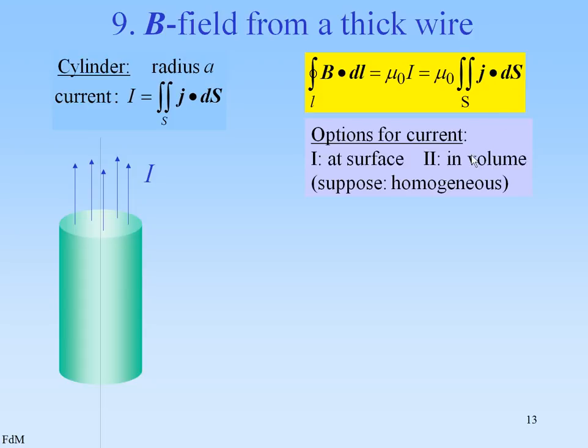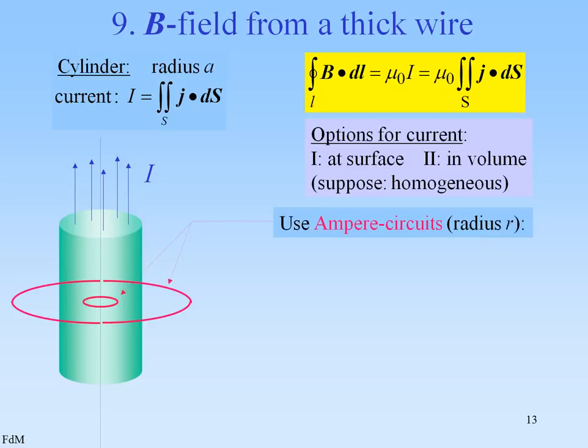Now we have two options for the current: first, at the surface, or second, in the volume, and suppose that when it is in the volume the current is homogeneously distributed along the cross-section. Now we use Ampere circuits. We can make a circuit inside or outside the cylinder.